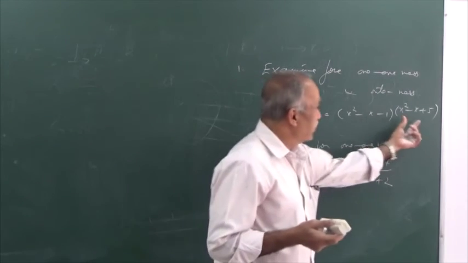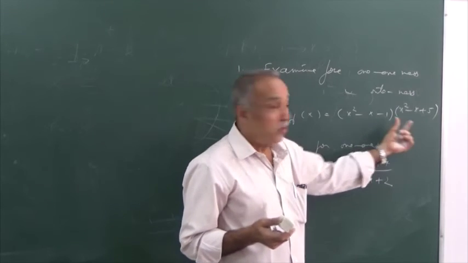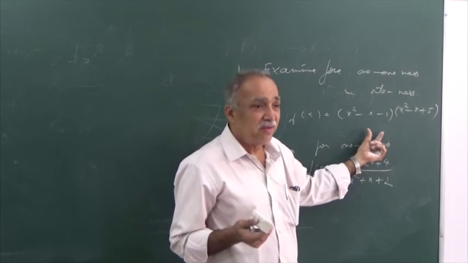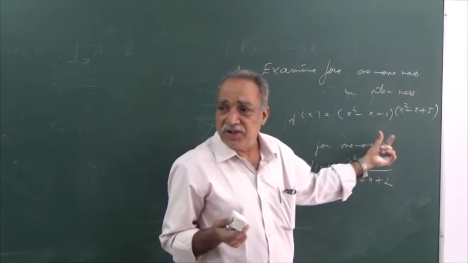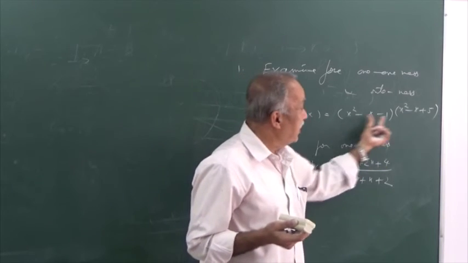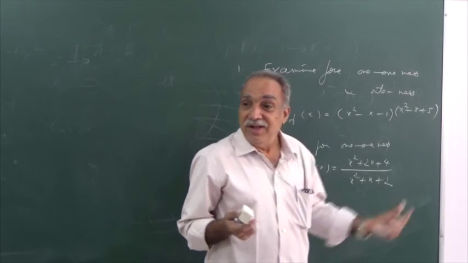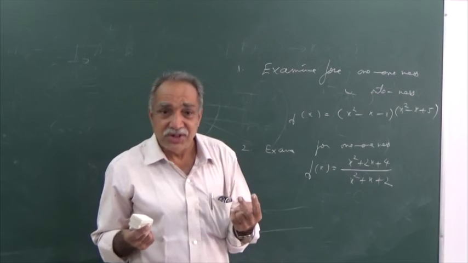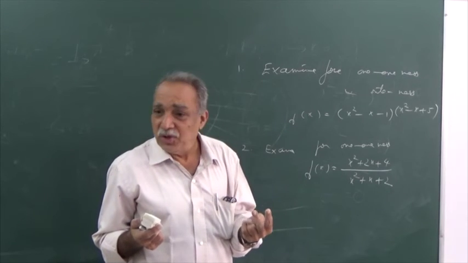There are two quadratic factors. Do you find something common in the expressions occurring as factors here? Yes, x square minus x is common. Is it a quadratic having two different real roots? Yes. What are the roots? 0 and 1.